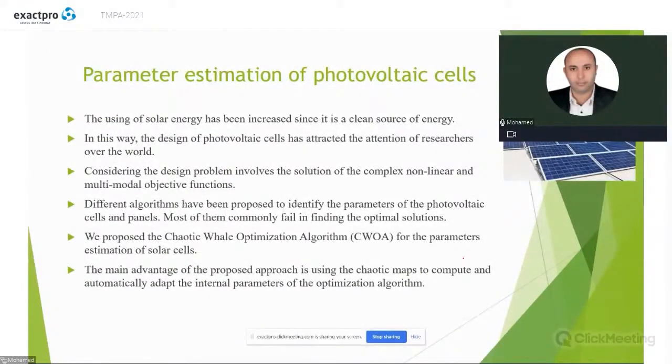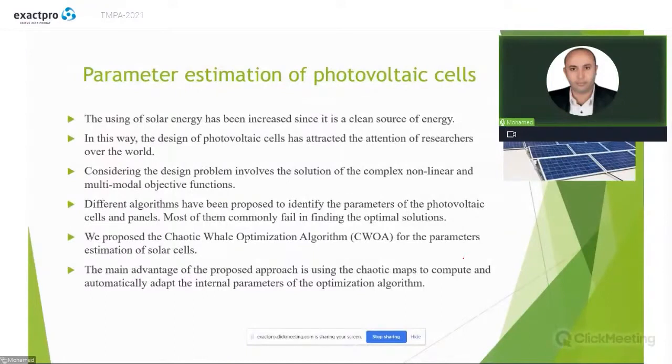The next application for our meta-heuristic techniques is called parameter estimation of PV, or photovoltaic, cells. This can be used for solar energy. In general, the use of solar energy has increased since it is a clean source of energy. In this way, the design of photovoltaic cells has attracted the attention of researchers around the world.